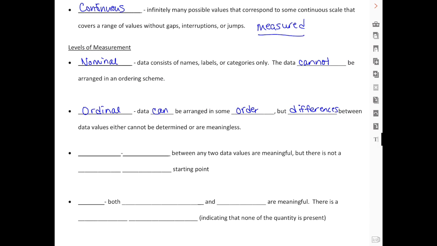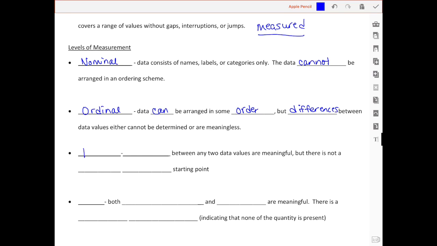You can have interval as a level. On these, the differences between any two data values are meaningful, but there is not a natural zero starting point.